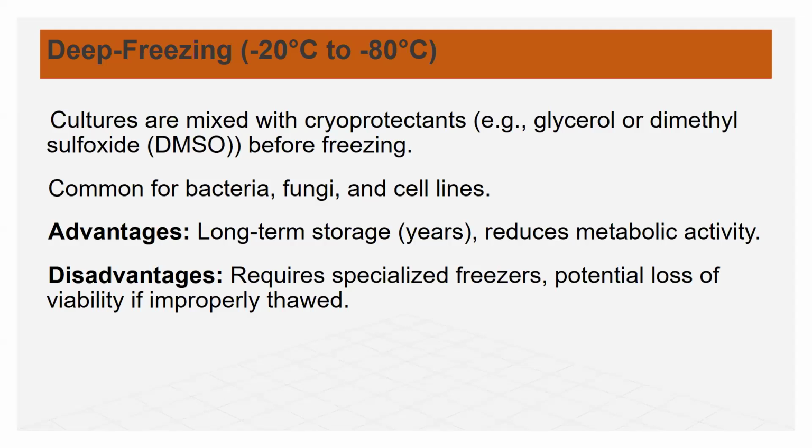There are specialized freezers that keep organisms safe. Cultures are usually mixed with cryoprotectants, for example glycerol or DMSO, before freezing, so that the organisms will be safe, they will be viable, and they will not be contaminated. The method is also good for bacteria, fungi, and other cell lines.